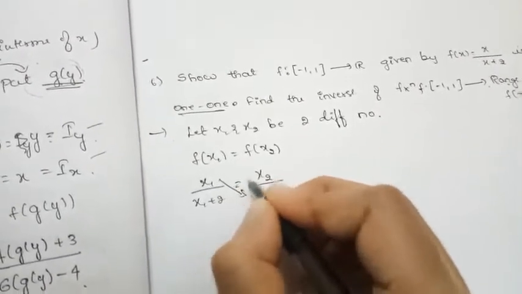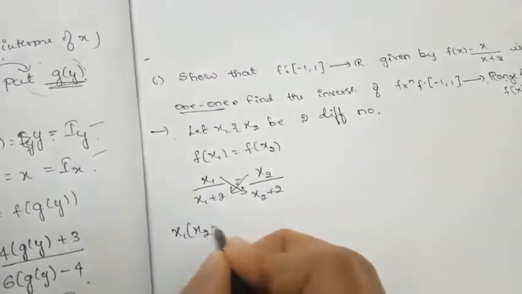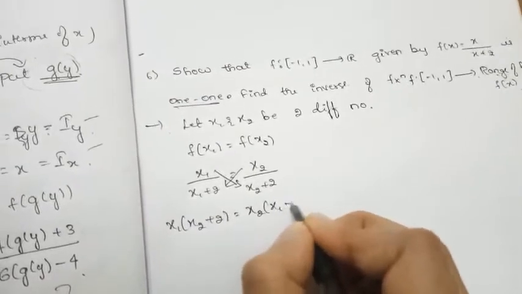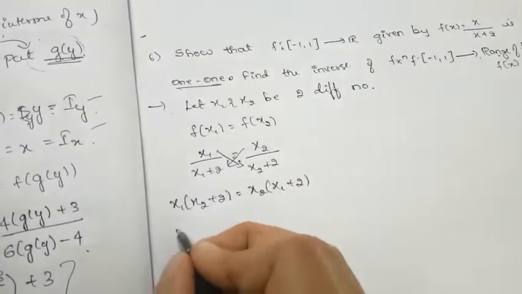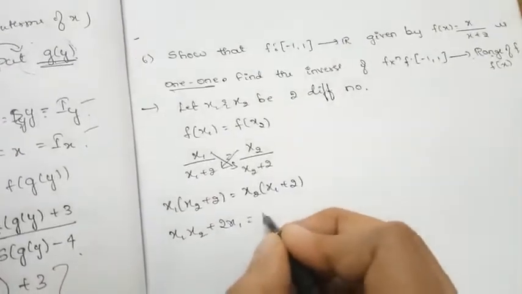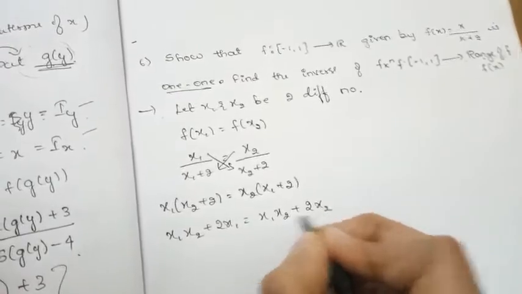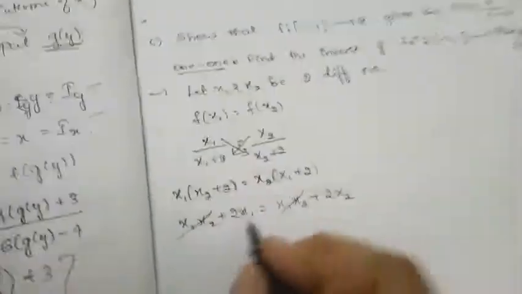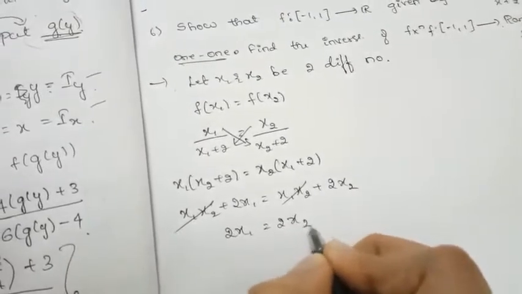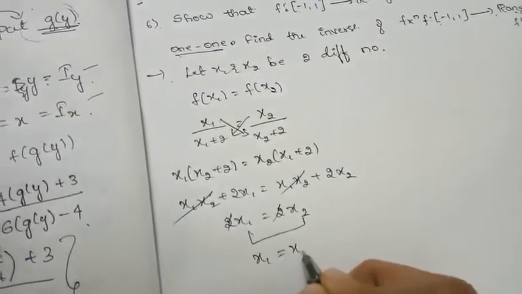Now let us do the cross multiplication. What happens? x1 into x2 plus 2 is equal to x2 into x1 plus 2. So this is nothing but x1 x2 plus 2x1 is equal to x1 x2 plus 2x2. Clearly x1 x2 gets cancelled. 2x1 is equal to 2x2. 2 gets cancelled. So clearly x1 is equal to x2.